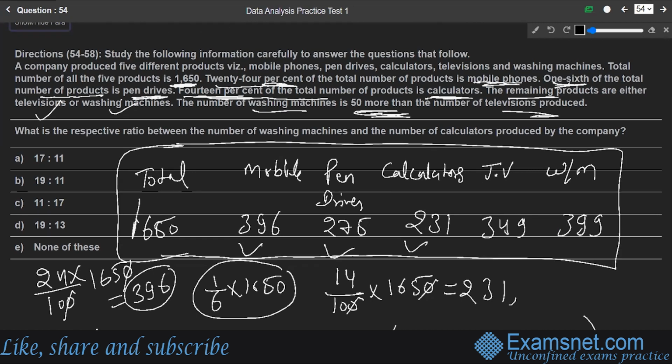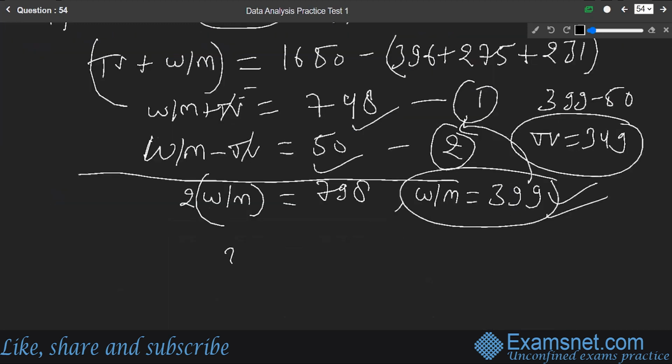Now we can solve any problem. He's asking what is the ratio between the number of washing machines and the number of calculators. Washing machine value is 399, calculator value is 231. So clearly the ratio is 399 is to 231.